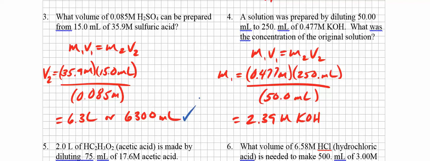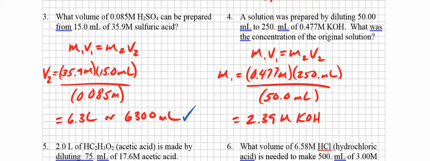Number 4 says a solution was prepared by diluting 50 milliliters to 250 milliliters of a 0.477 molar potassium hydroxide solution. What was the concentration of the original solution? So we're looking for M1. So we say M1V1 is equal to M2V2. Let's manipulate that to get M1 by itself. When we do that, we get the following.